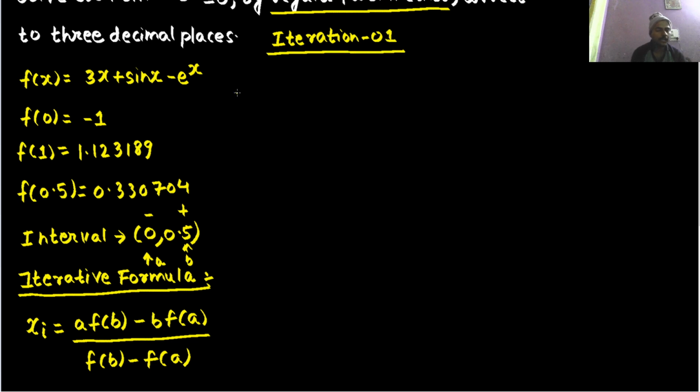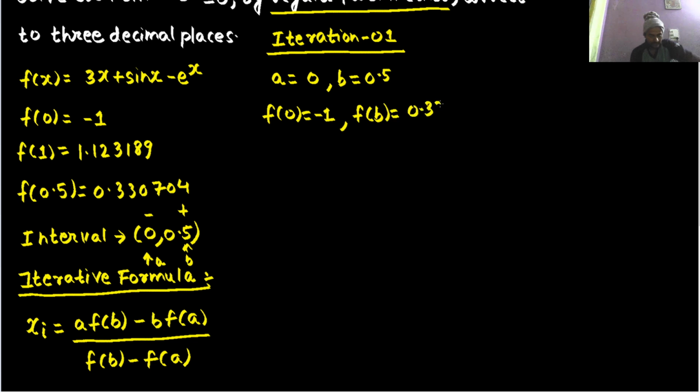So for that, my value of a is in this case 0. My value of b in this case is 0.5. If I find f of a, that means f of 0, I have already found that it came out to be -1, and f of b is 0.330704.